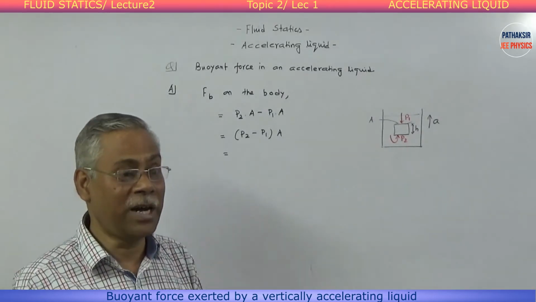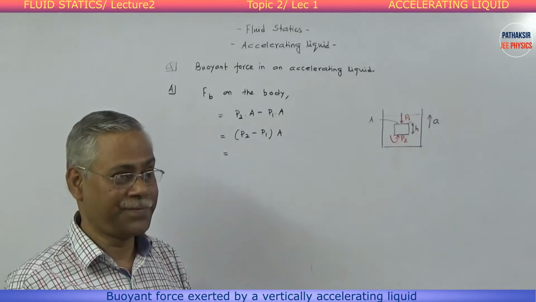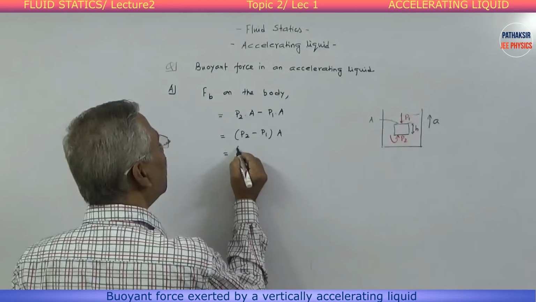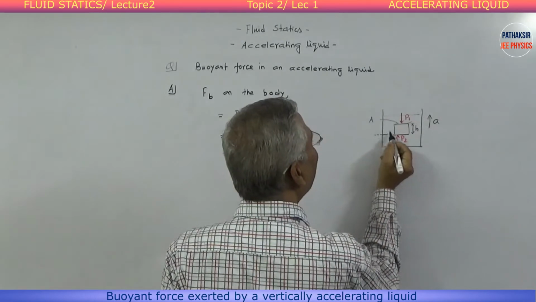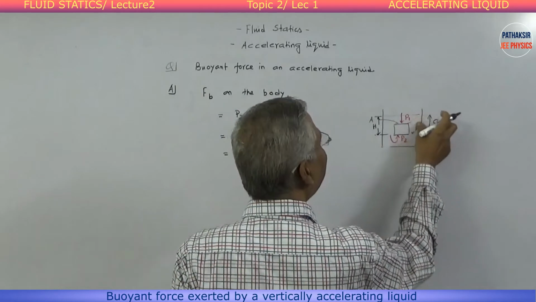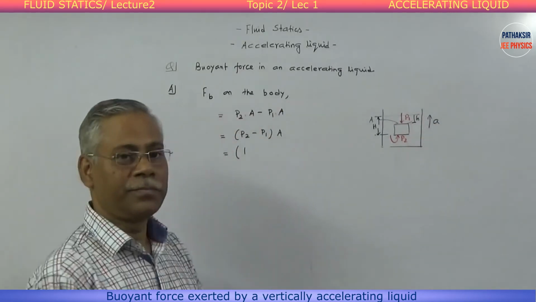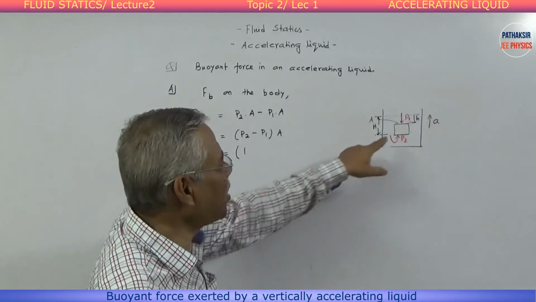Just now we have derived an expression for pressure at a depth in an accelerating liquid. So P2 equals, let this be capital H and take this to be small h. What is the pressure at this depth?